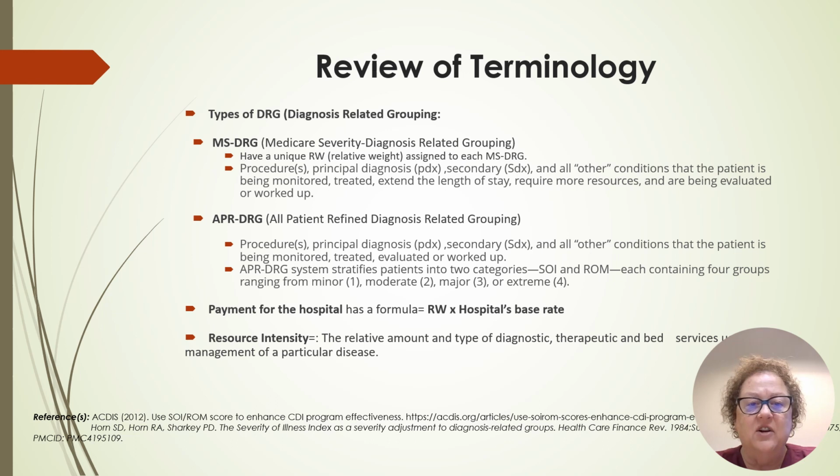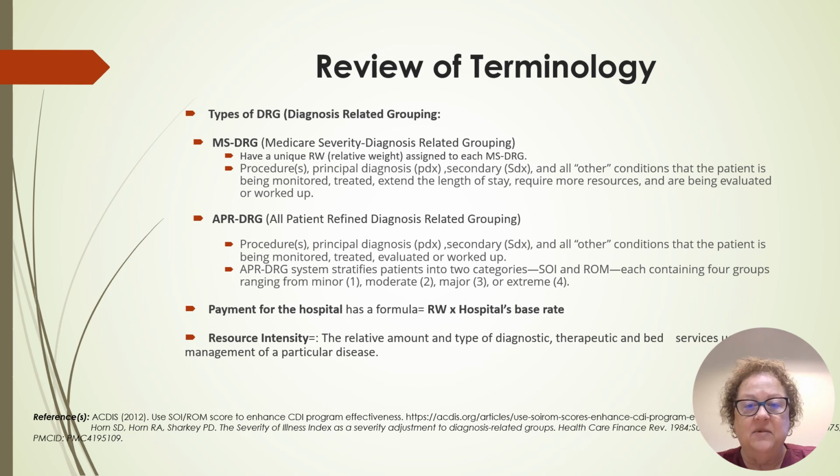There is another payment system called the APDRG, which is all patient refined diagnosis related grouping that is used by non-Medicare payer sources. It consists of establishment of the procedure, principal diagnosis, secondary diagnosis, all other conditions the patient is being monitored, treated, evaluated, or worked up for.